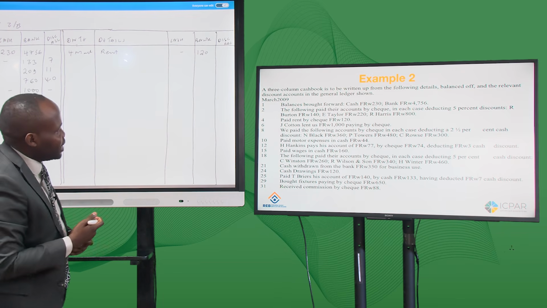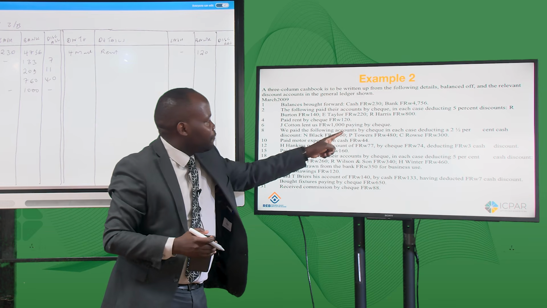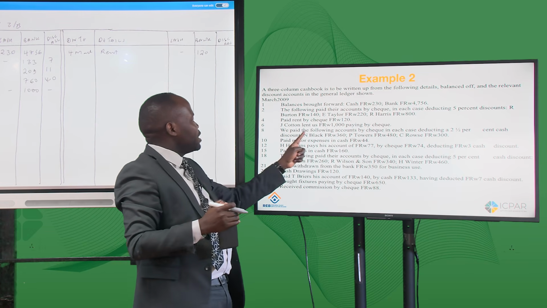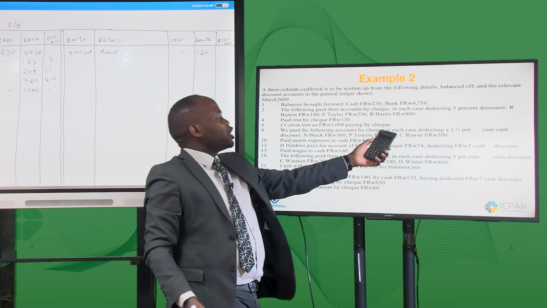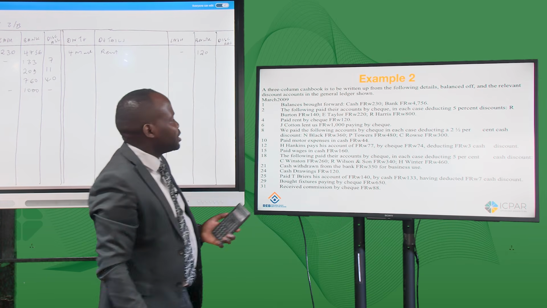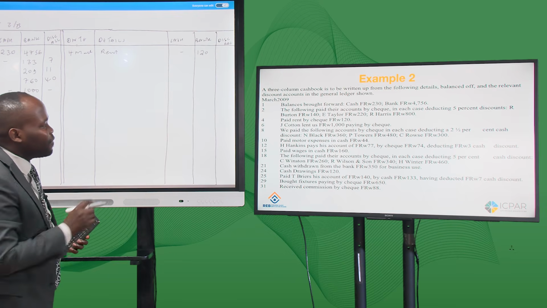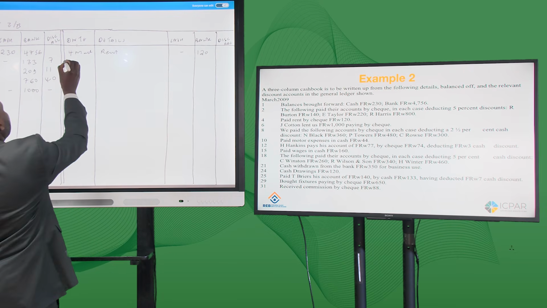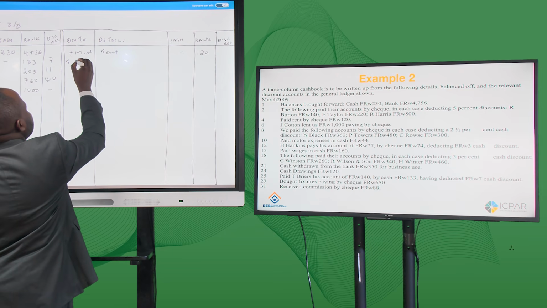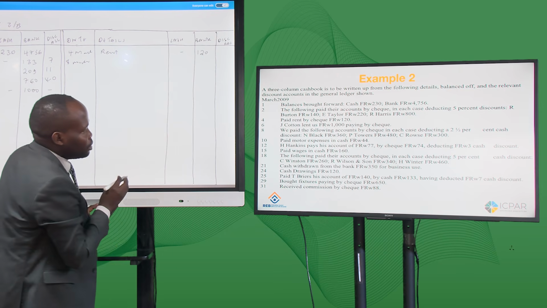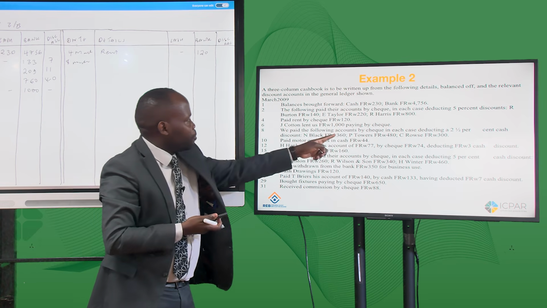Okay? Next, we paid the following accounts. We paid, so going out. We paid the following accounts by check, in each case deducting 2.5% cash discount. So it's now 8th March. On the 8th March, it was 2.5%.